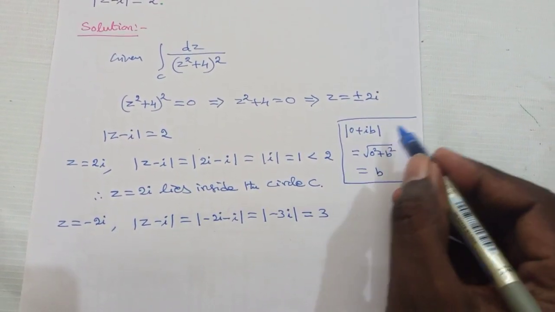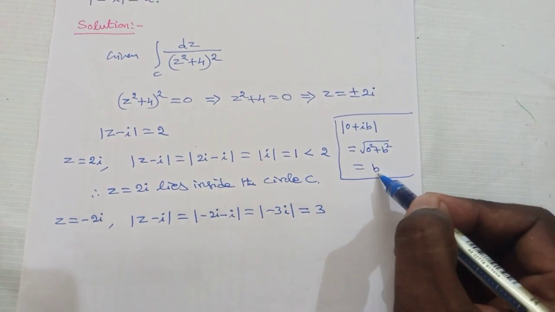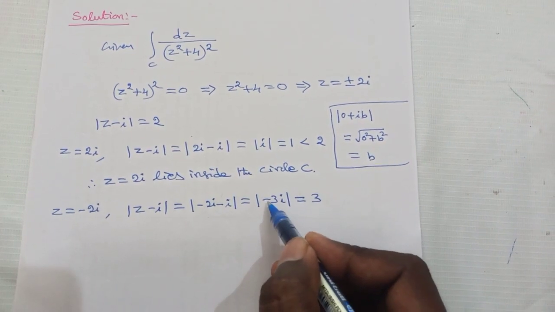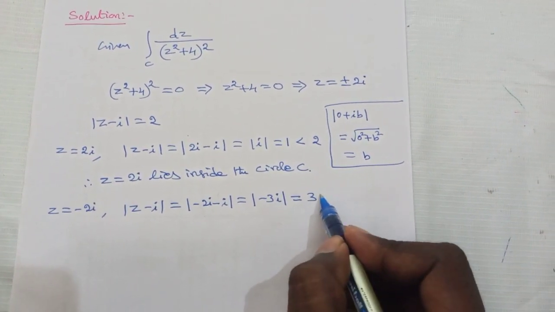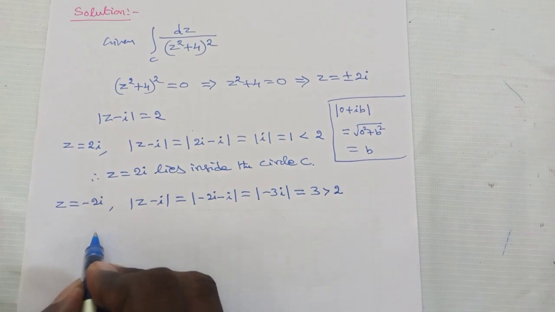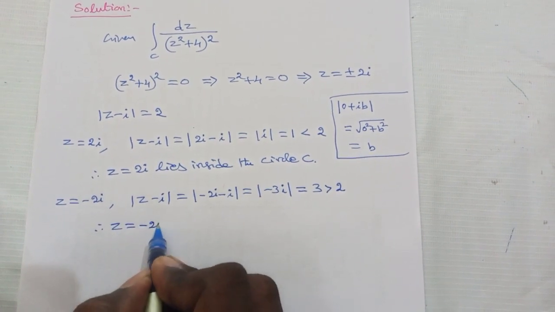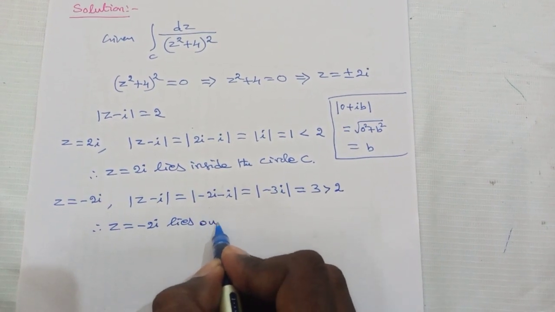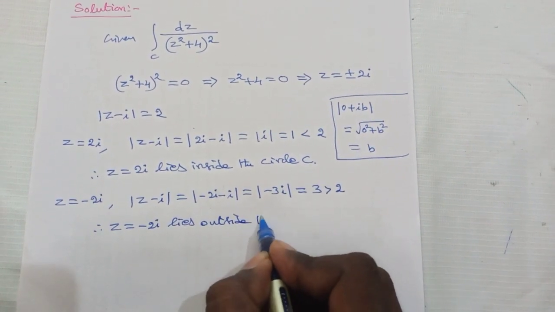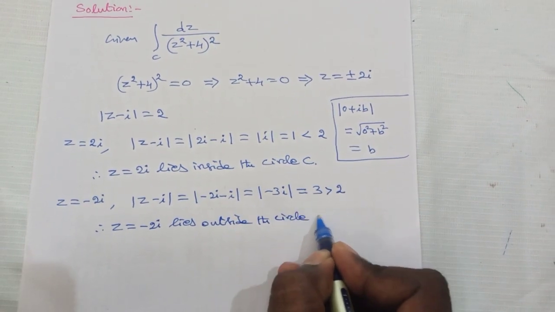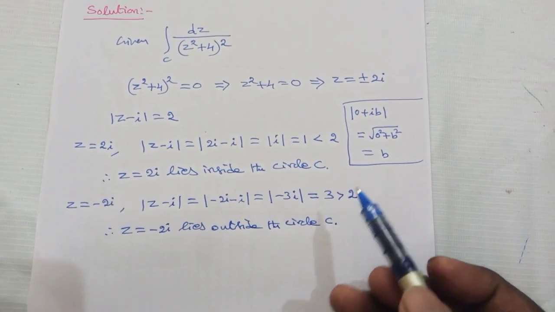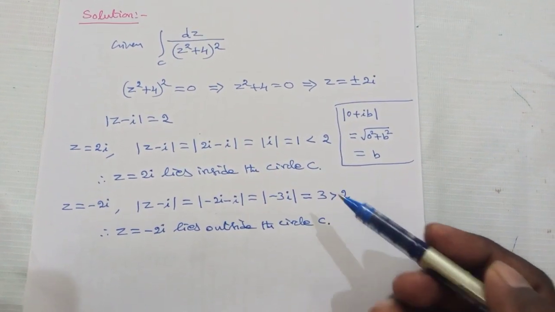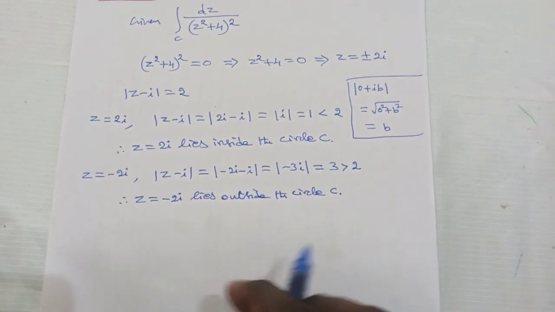So the modulus of ib is b, and a modulus value is never negative. Now 3 is greater than the radius. Therefore z equal to minus 2i lies outside the circle C. So only one singular point lies inside the circle C, and the other lies outside the circle C.